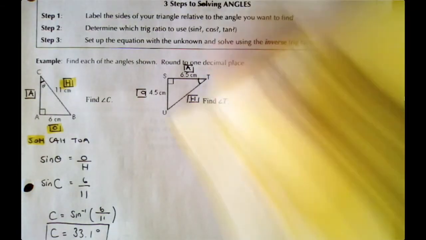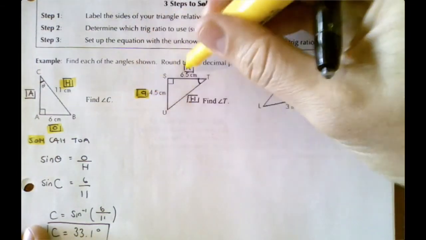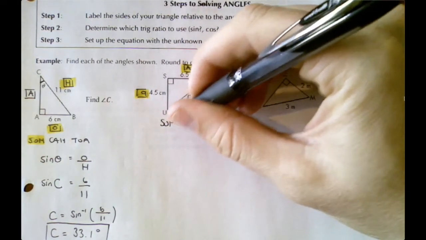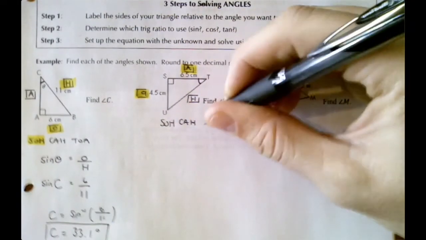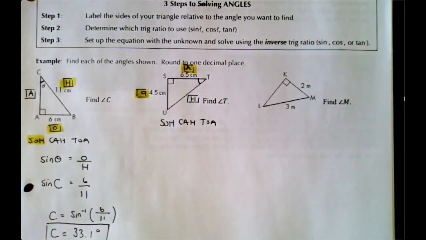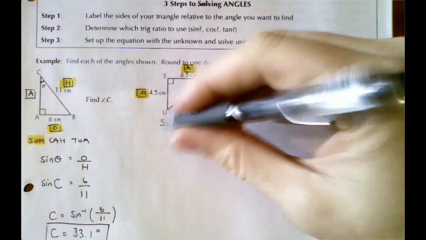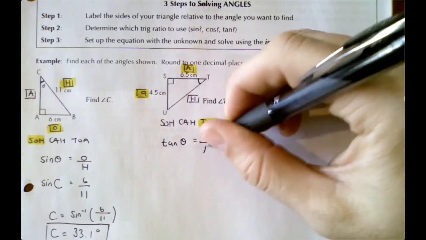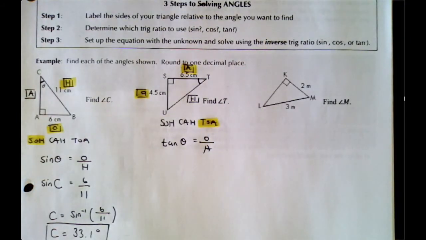We know O and A. So if we're talking SOH CAH TOA, which ratio are we going to use? Well, we know O and A. So we are going to use TOA, or tan. Tan theta equals O over A. Fill in what we know.